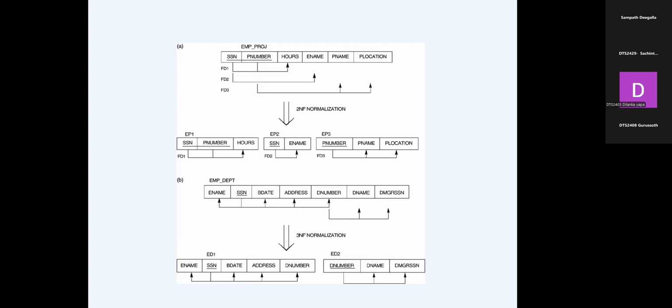Right, now the second question: why is it not in second normal form?